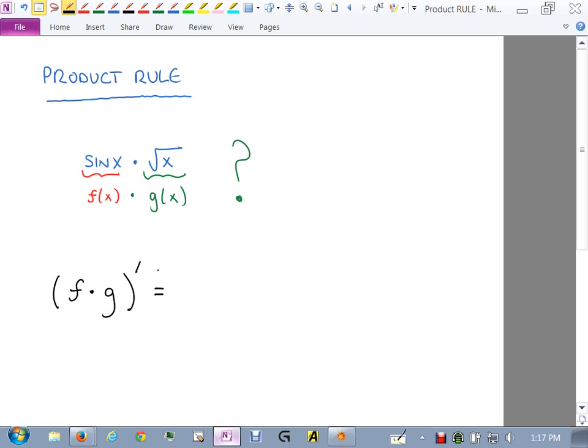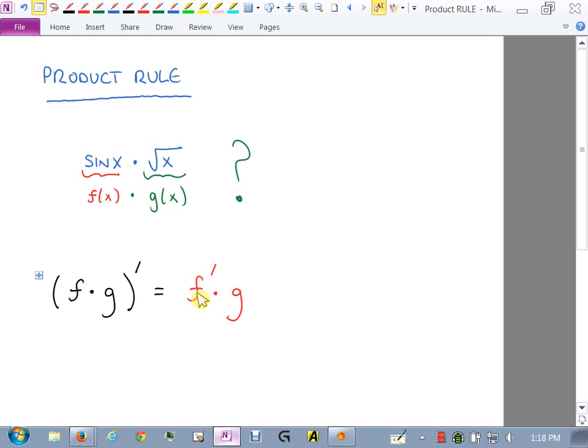let me show you what you wish it was equal to. You wish it was equal to this. That's what you wish it was, right? Because that would make life easy. You take the derivative of each one, multiply them together, you're done. That is not what it is, though. It is actually the derivative of f times g.